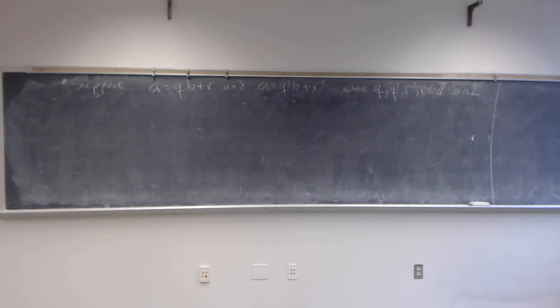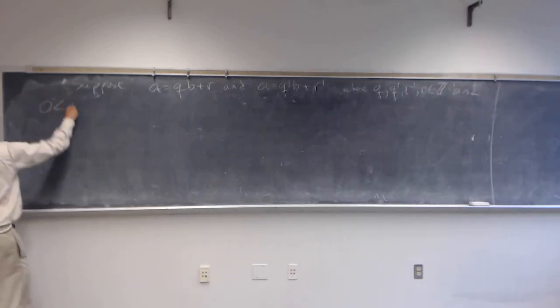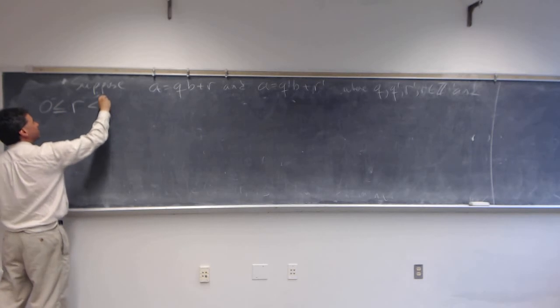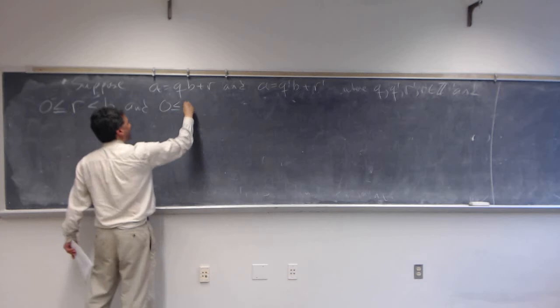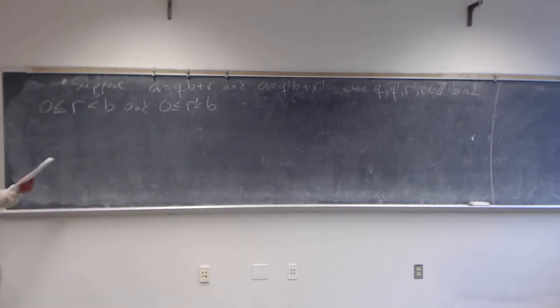Suppose A equals QB plus R, and we have those four elements there, and then the end part would be, of course, that the two remainders are greater than or equal to 0 and less than B, both R and R prime.